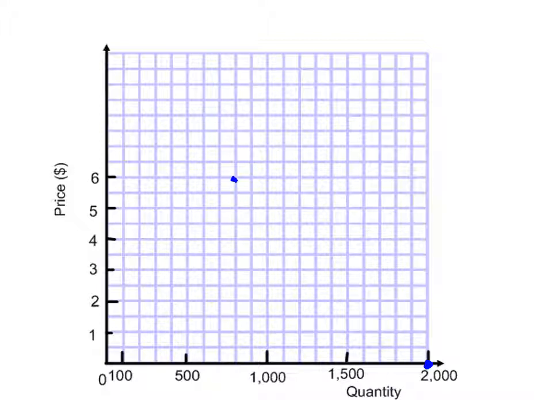So we are at 6, and we are at 800. We're going to connect the two. I'm going to try using a ruler. Hopefully it won't mess up on the tablet. So from 2,000 onwards, here is our demand function.